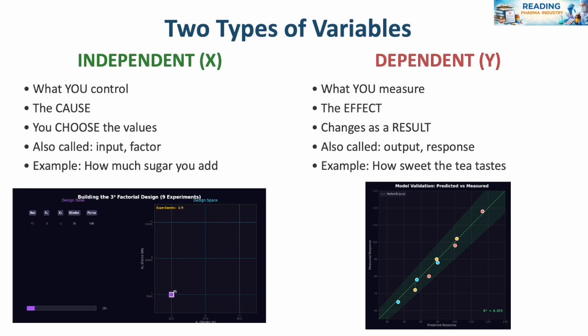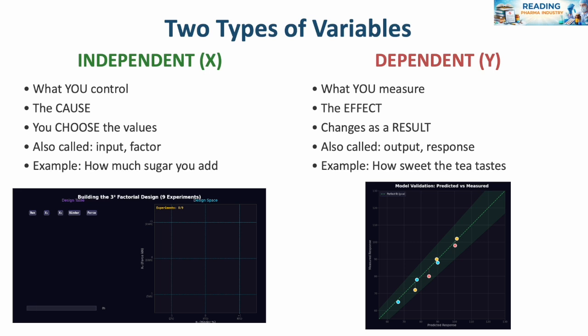These are the cause in a cause and effect relationship, so remember them as the cause. I'll give you an example here: making tea. How much sugar you add to make a cup of tea is, of course, independent, because you choose whether to add 1 spoon or two or three.